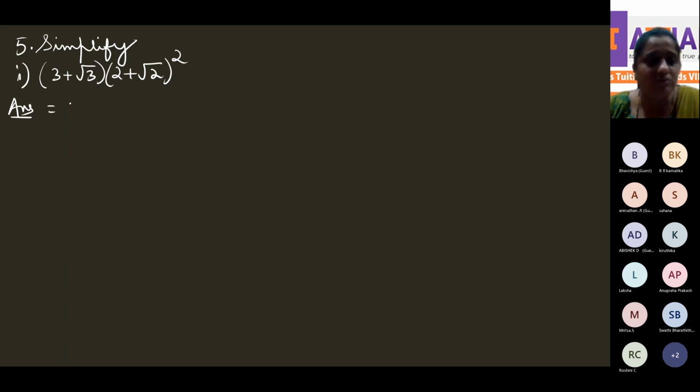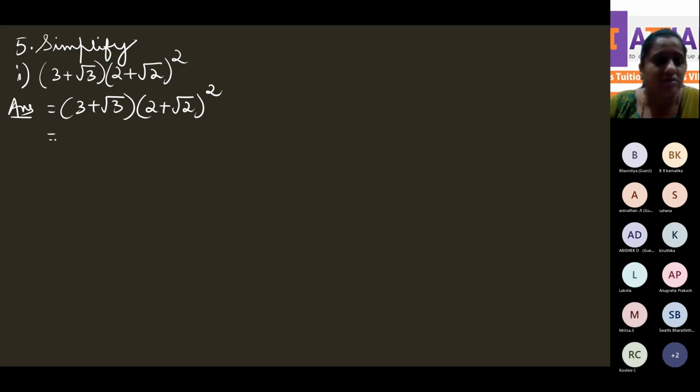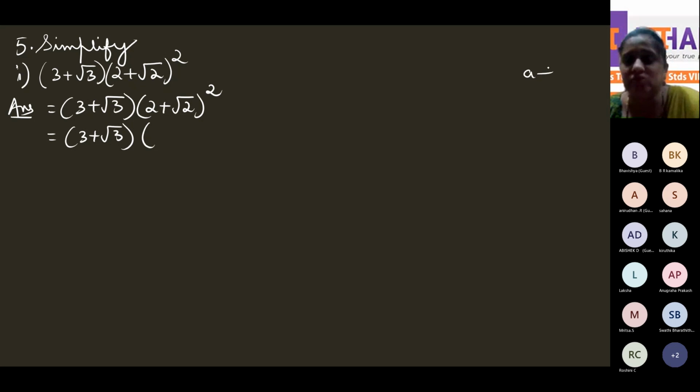First write out what is given, the expression given to us. Now square the second bracket. It's in the form a plus b the whole square, where a is 2 and b is root 2.